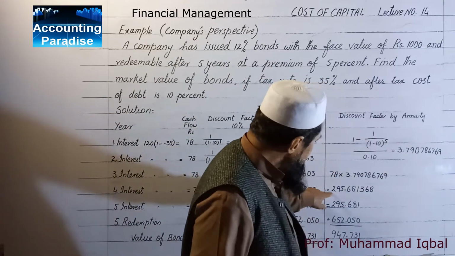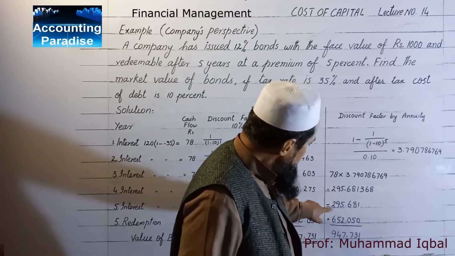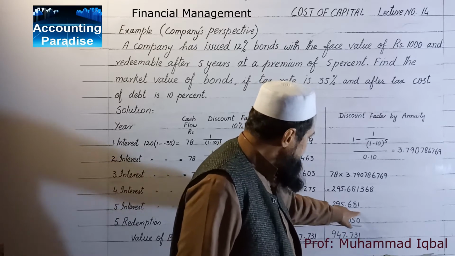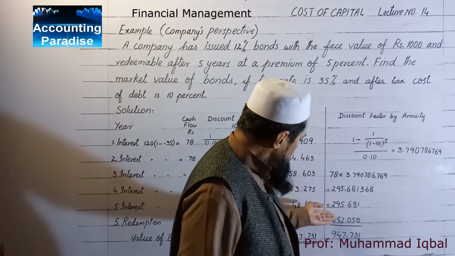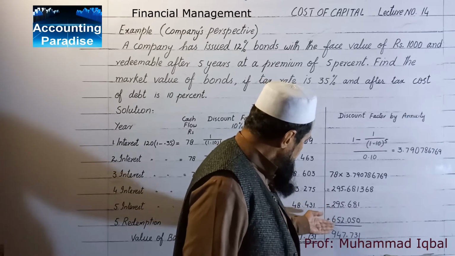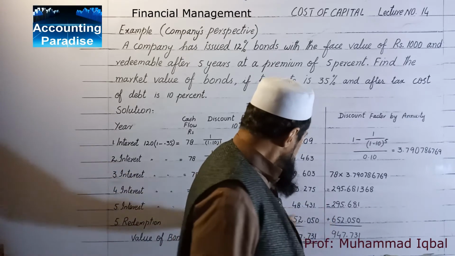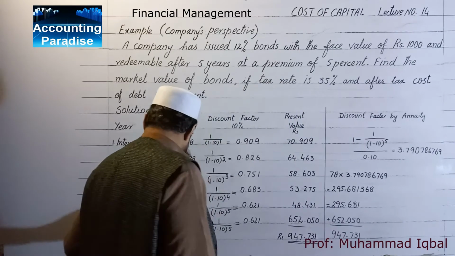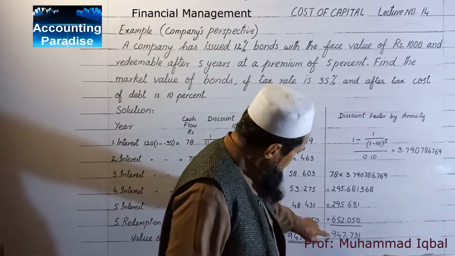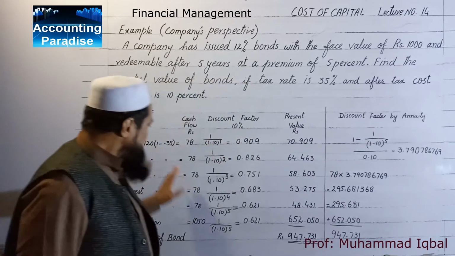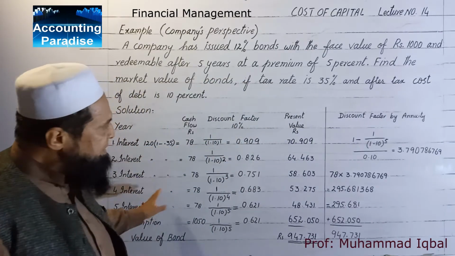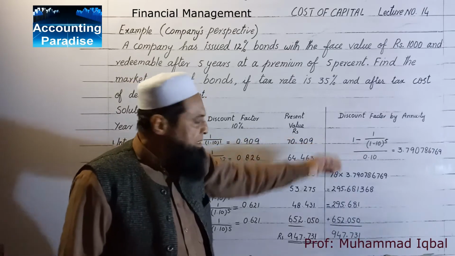When we multiply, this comes to this. Then let's add the redemption value, and we get the same answer as by individual multiplication; this is the collective multiplication.